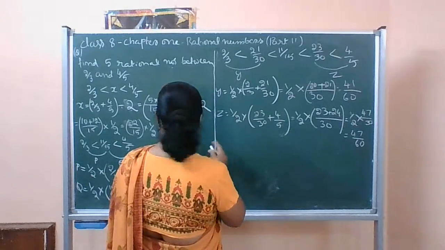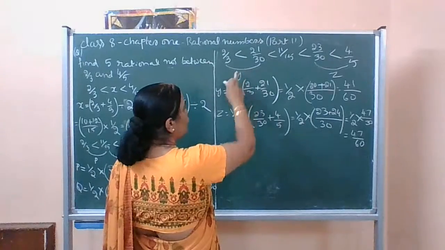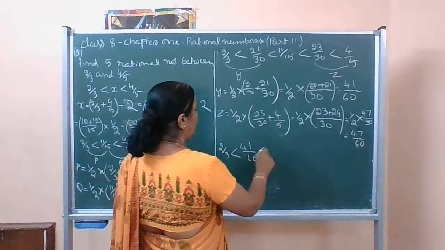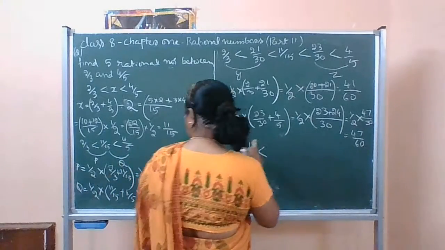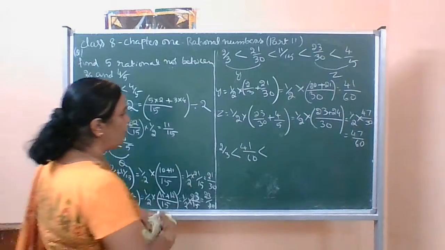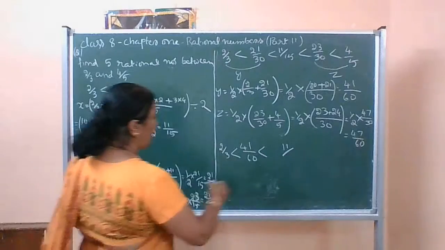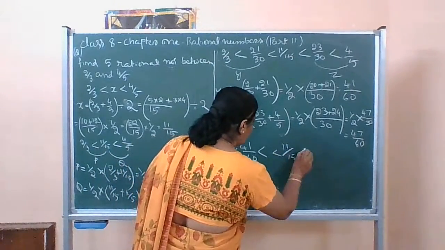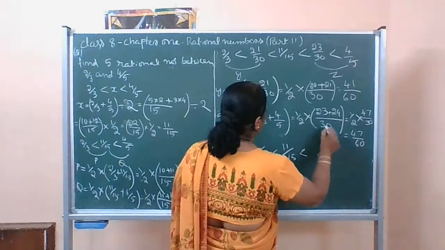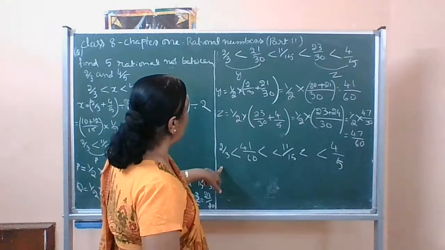Now, what was the first number? It was 2 by 3. And then between these two you have 41 by 60, and then here what is it, 41 by 60. Here what did you get? First you had got 11 by 15 between these two, and one more number also. Totally 5 you have found already, and the last number was 4 by 5. So it is 2 by 3.